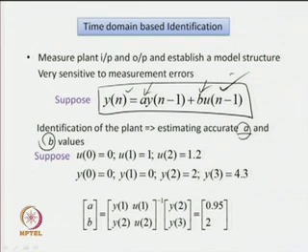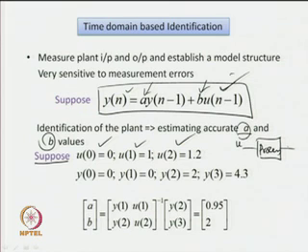Now, suppose u(0), the input to the process, is 0, u(1) is 1 and u(2) is equal to 1.2. Again we have the process here, the process inputs are denoted by u and the outputs are denoted by y.